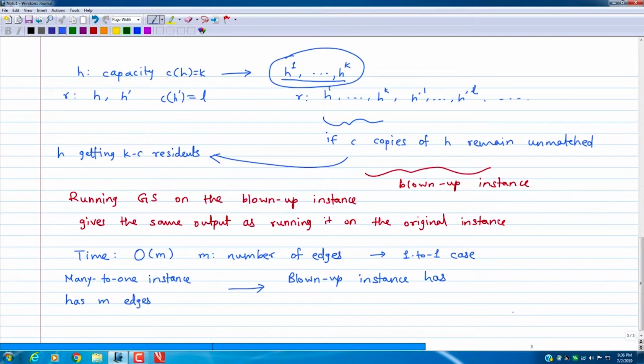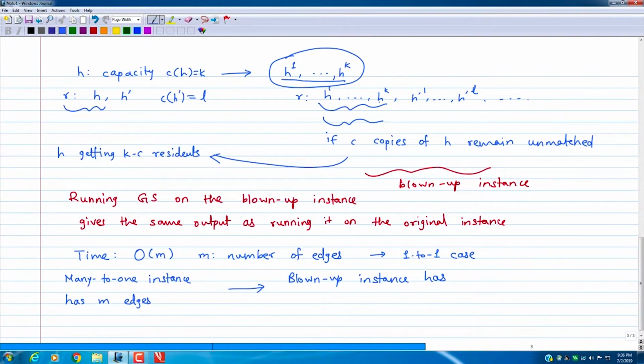So every edge in the many-to-one instance, how much does it blow up in the one-to-one instance, the blown up instance? Correct. So every edge here, for this RH, we got these k many edges.